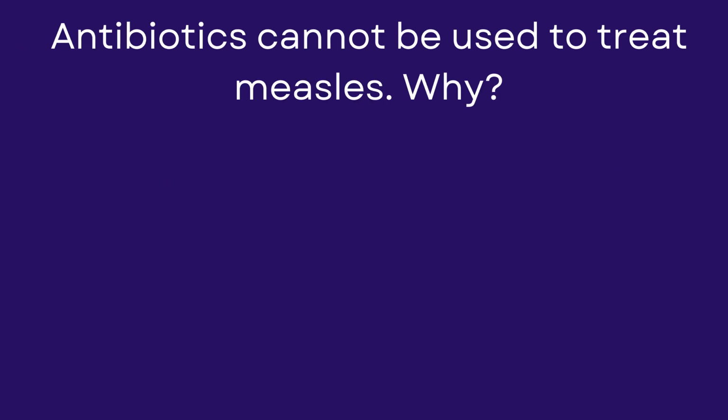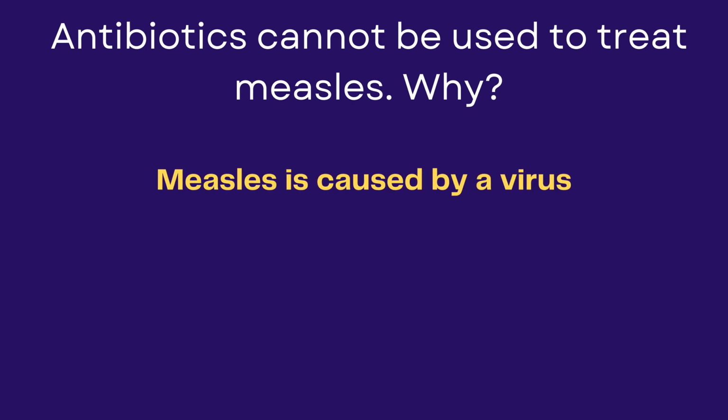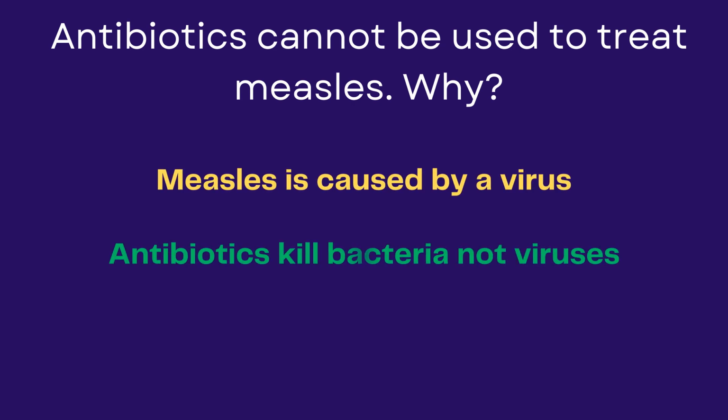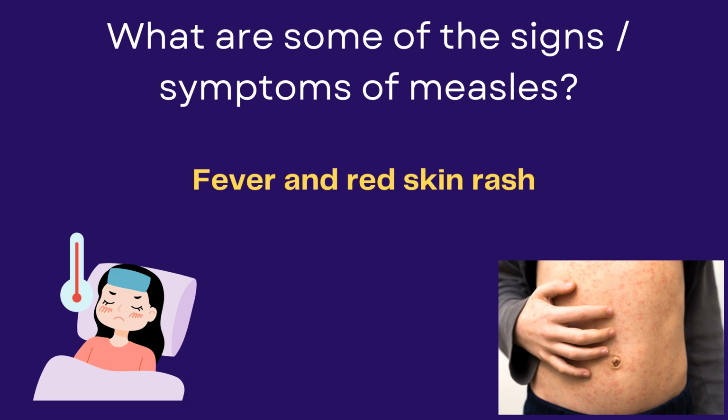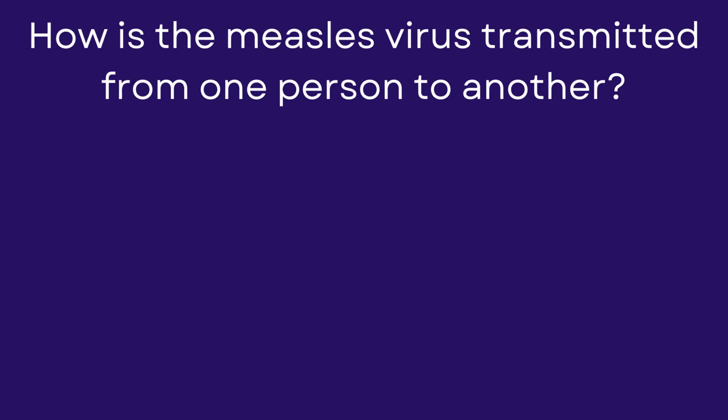Antibiotics cannot be used to treat measles. Why? Measles is caused by a virus. Antibiotics kill bacteria, not viruses. What are some of the signs/symptoms of measles? Fever and red rash. How is the measles virus transmitted from one person to another?